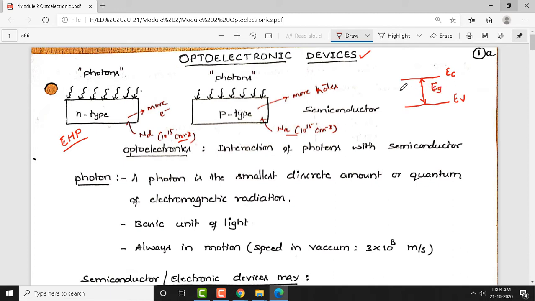If you now supply photons, let us indicate the photon energy as h into mu, which is greater than E g, what is going to happen now?